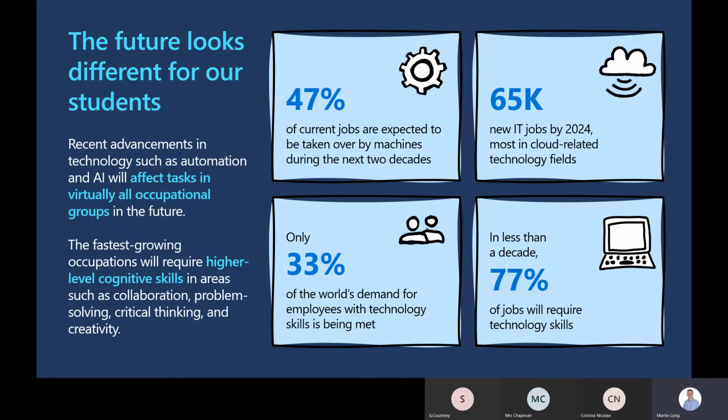The fact that 47% of jobs are going to possibly be taken up by machines or artificial intelligence. Okay, those will be lost, but plenty of other avenues are going to open up. And those exciting opportunities that may lie there for them could only be taken if students have been prepared for them and they've got the skills to engage with it.